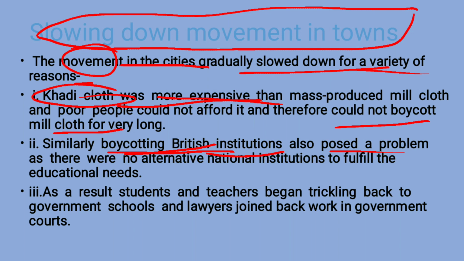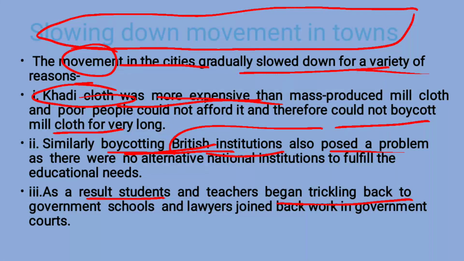Hindi language was the most down. Nowadays we saw that English was more high level and grown up, and Hindi was decreased. So this was a British institution, which also posed a problem. Third, as a result, students and teachers begin trickling back to government schools.